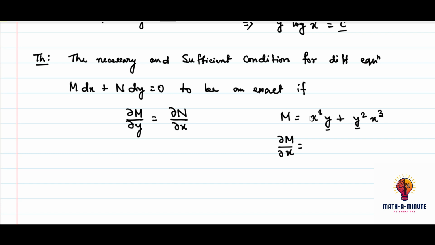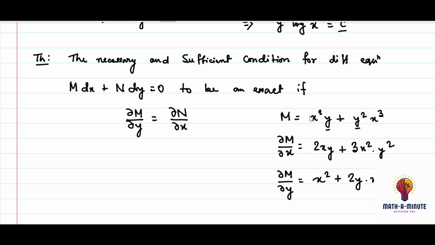Then the derivative will be 2xy plus 3x square y square. In a similar manner, if I differentiate this partially with respect to y, it will be x square plus 2y into x cube. Okay, I hope it is clear how to calculate a partial derivative.